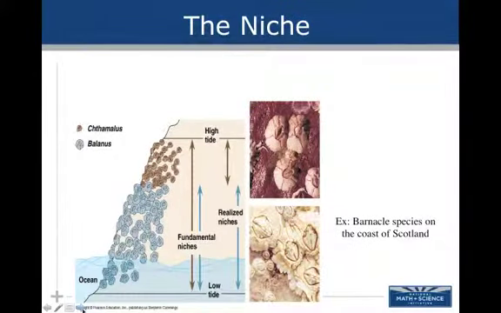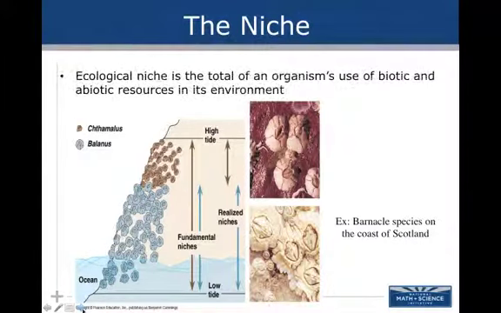And so when we talk about the ecological niche, we're really describing how an organism or a population responds to the distribution of resources and how it alters those factors in the same way. We're going to look at an example here of a barnacle species on the coast of Ireland. And to be clear, ecological niche is the total of an organism's use of abiotic and biotic resources of its environment.